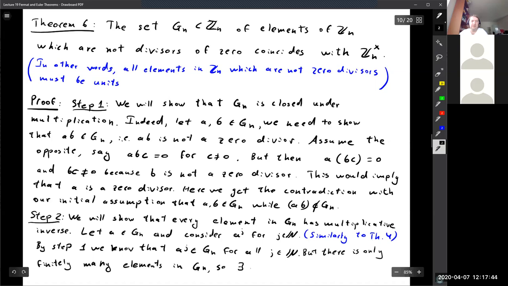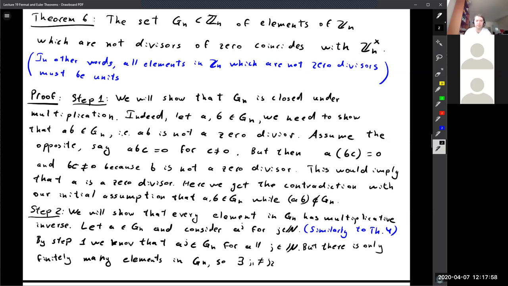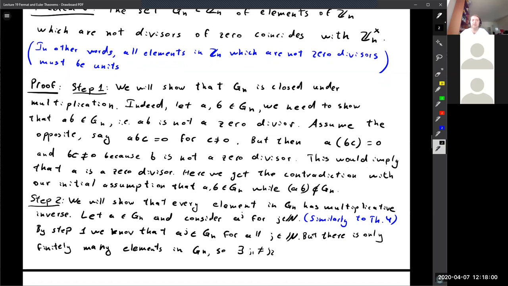So there exist J1, J2, two different natural numbers, such that the powers of A are the same.